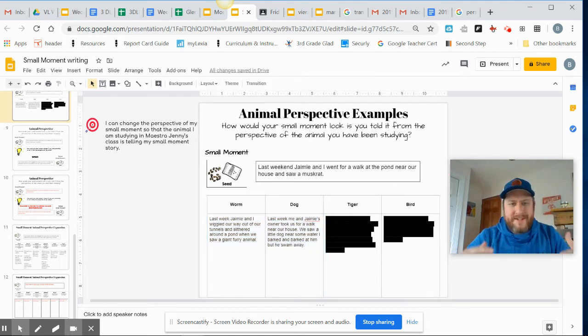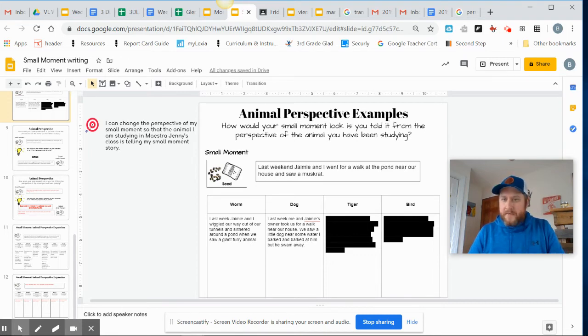What I have for the dog was: last week, me and Jamie's owner took us for a walk near our house. We saw a little dog near some water. I barked and barked at him, but he swam away. Okay, so in this one, if we're thinking about being the dog, a lot of times you don't see dogs just walking around by themselves. They're with their owner. So I said that Jamie and I were walking with our owner because we're the dogs now.